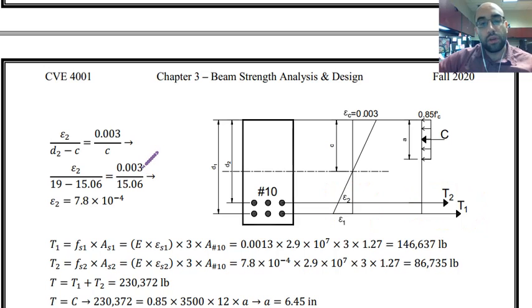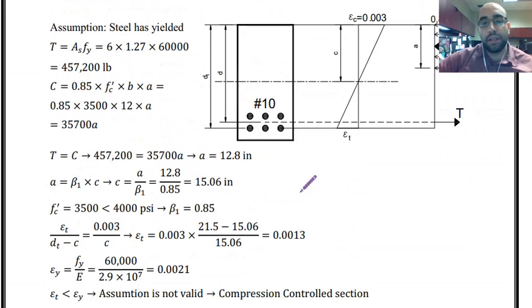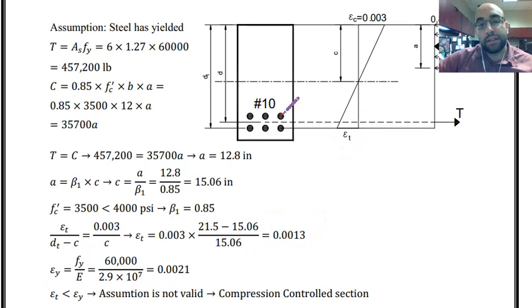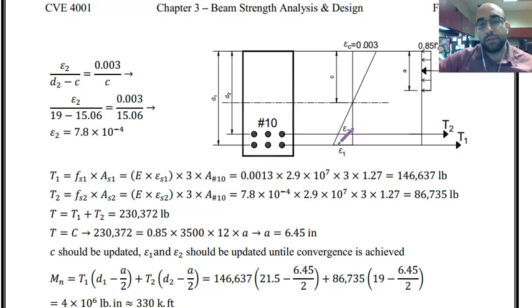So right now I could find this epsilon 1, right? That is the epsilon t that I calculated over here, and this is the value of that. Now I need to calculate the strain at the level of the second layer, and that is what I have over here. So epsilon t is calculated.